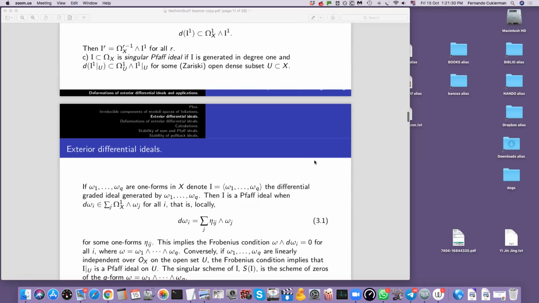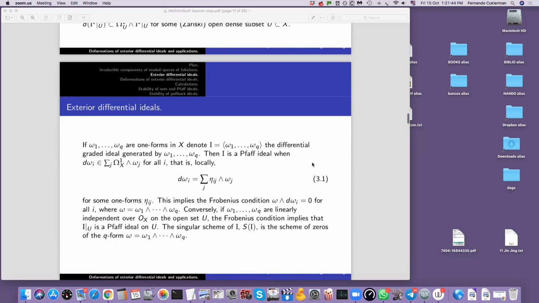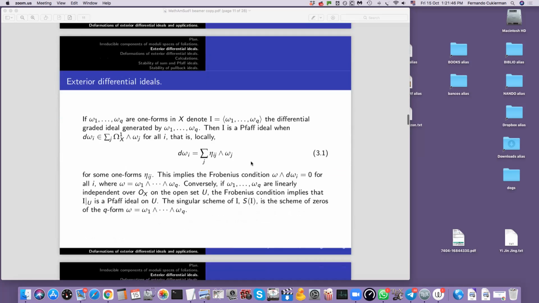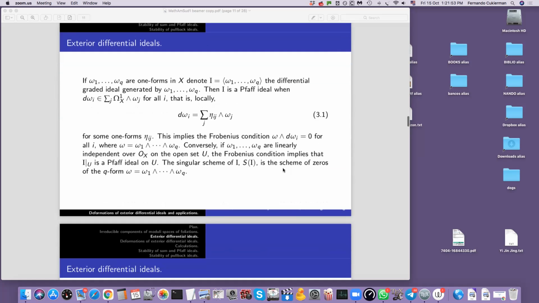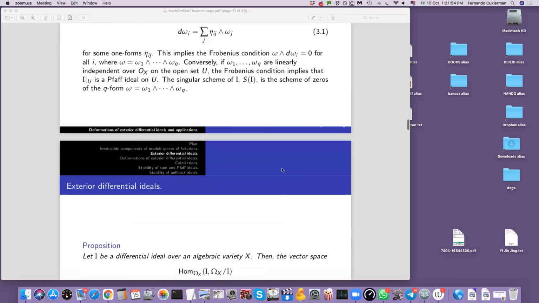This would be a singular Pfaff ideal. If we take the maximal open set that satisfies this condition, the complement would be the singular set of the ideal. This is the same that I just said, written in a more explicit way.